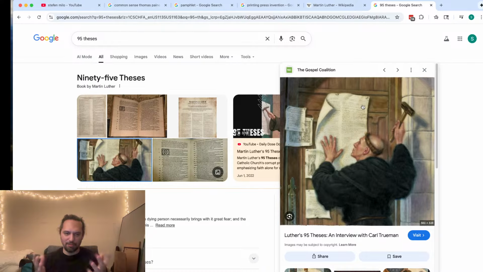These became called pamphlets. And a good analogy for this is the difference between a website and a tweet. In the 90s and the early 2000s, you would go online and there'd be web pages and blogs, and there were very interesting blogs where you could read long articles about topics.